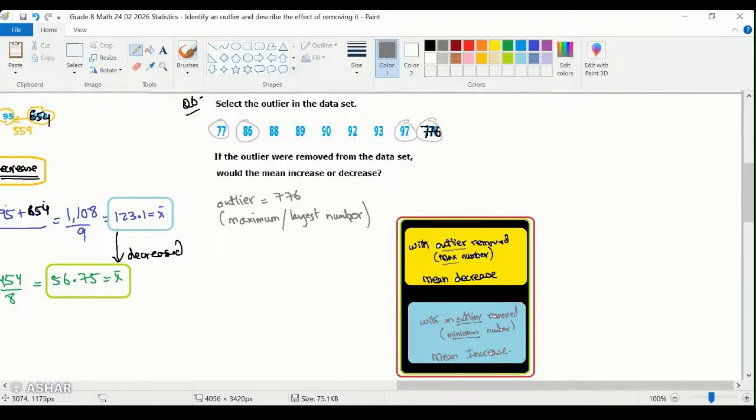So whenever the outlier is a maximum number, okay? Whenever an outlier is a maximum number, what happens to the mean? We know that the mean will decrease, right? Mean will decrease. Agreed?